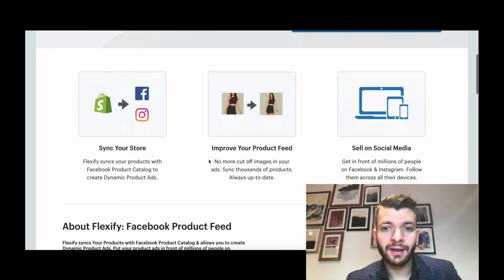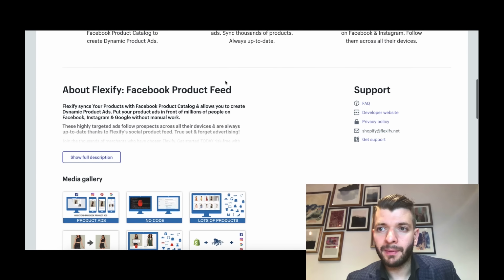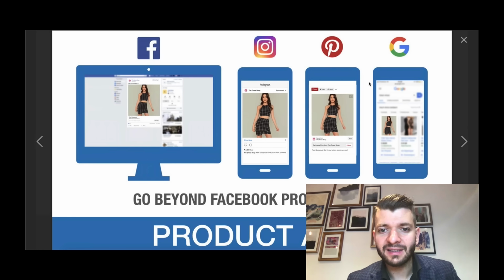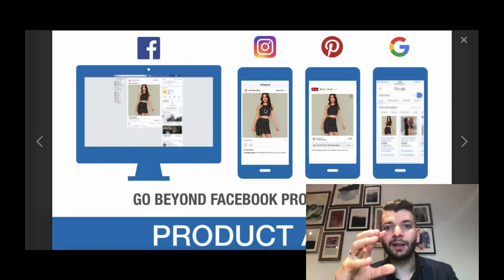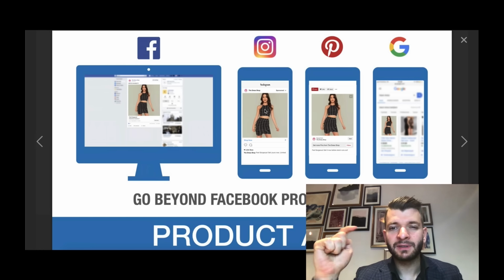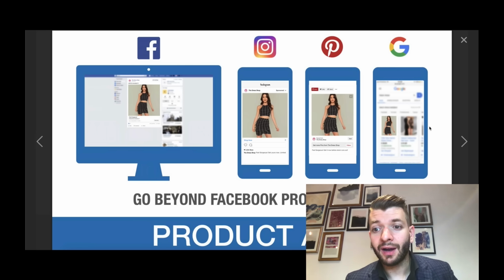If you're advertising, you obviously want to retarget people, because most of the time these are the highest performing ads that you can have. And Flexify will allow you to set up dynamic product ads. So let's say someone clicked on your store and saw this product, then this catalog, the dynamic tracking, will see that that person saw that specific product, and they'll show that product to them on different platforms, right?